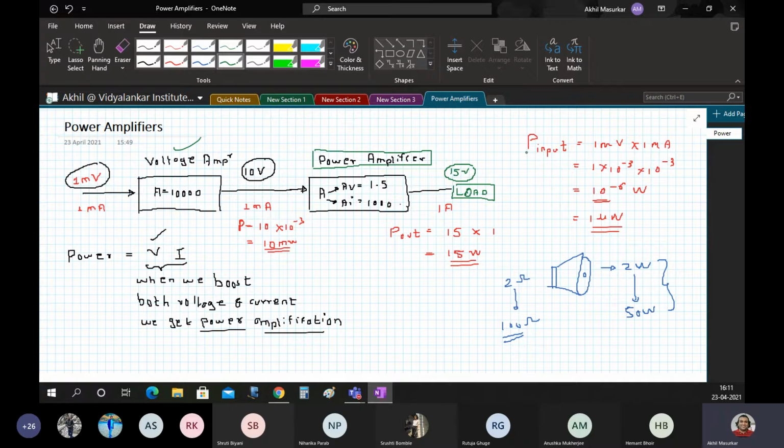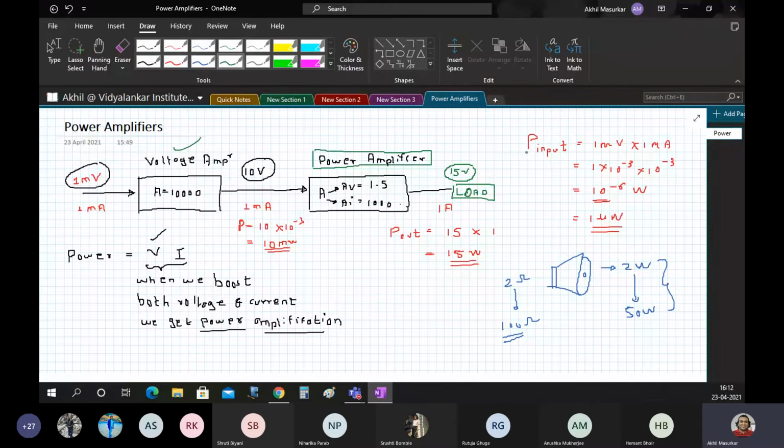So the power transistor has a large surface area and the body is made up of metal so that the power dissipation can be carried out very easily to the surroundings. Okay, no problem, there will be a lot of power, but when we say more power, it automatically implies more heat.